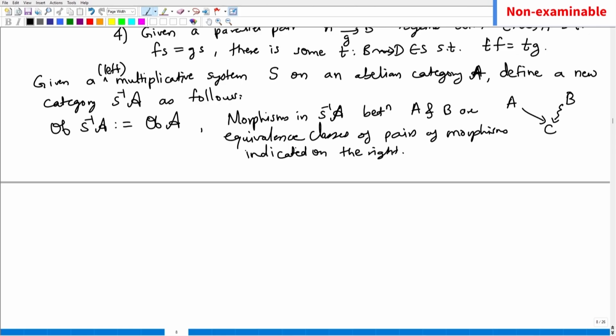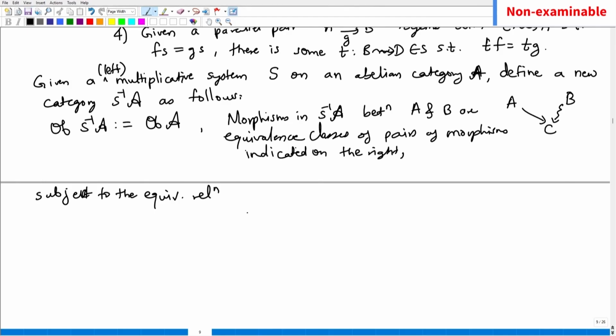I said equivalence classes of pairs of morphisms, so I have to describe the equivalence relation, subject to the equivalence relation. You have to verify that it is indeed an equivalence relation.